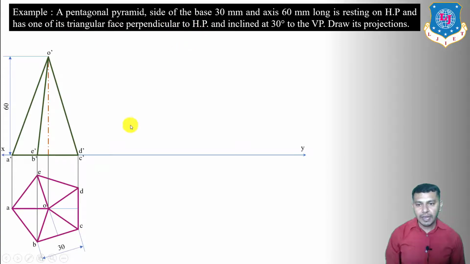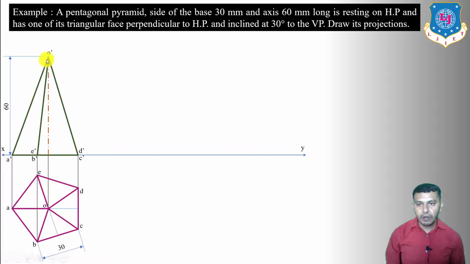Now you can see that the triangular face containing the edge CD, that is OCD, that means O dash C dash D dash, is a line, and right now it is perpendicular to the vertical plane. So it is possible for us to make this triangular face perpendicular to the horizontal plane.